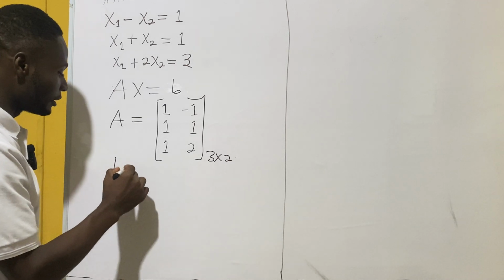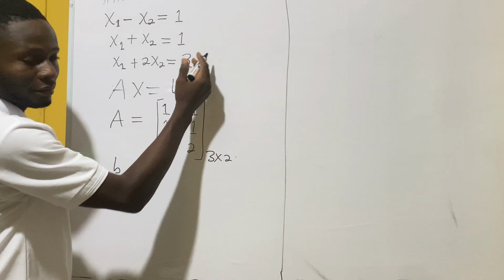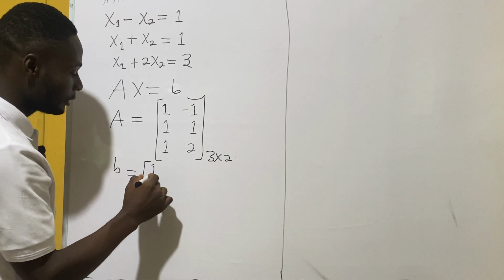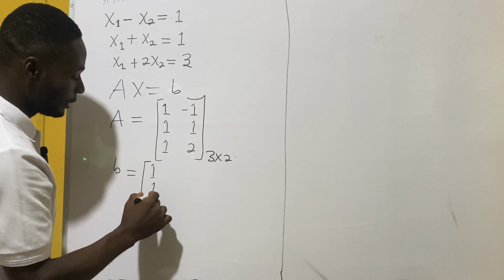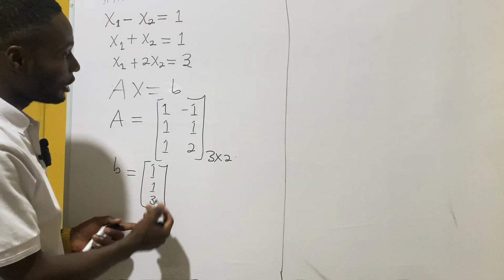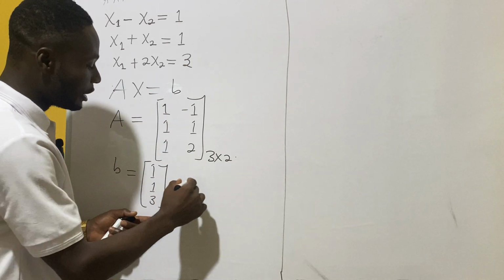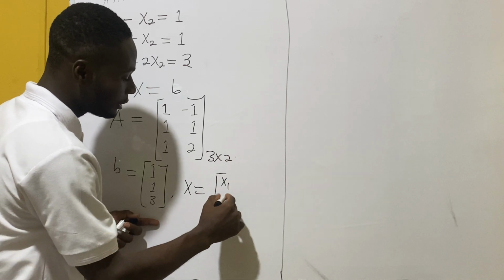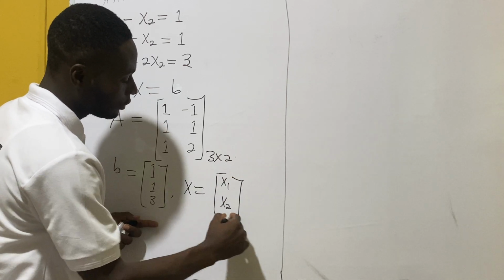So our b is the constant aspect, right? So we have our b to be 1, 1, and 3, right? So this is our b, and our x will be the unknowns, the x1, x2, right?